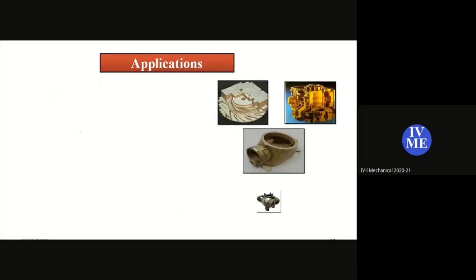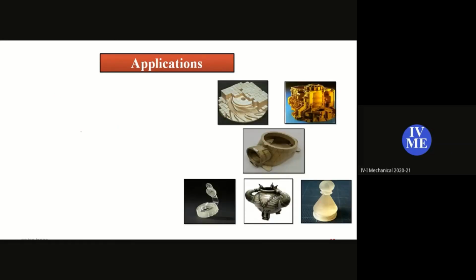Now let's come back to the applications. So what are the applications? These are some of the parts already generated from the LOM machine. Here you can see some small cubes.